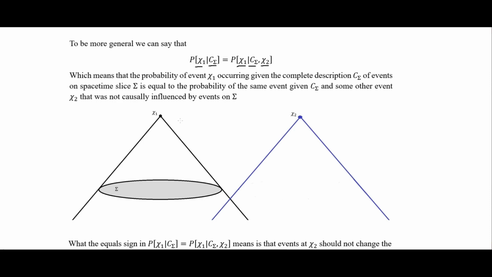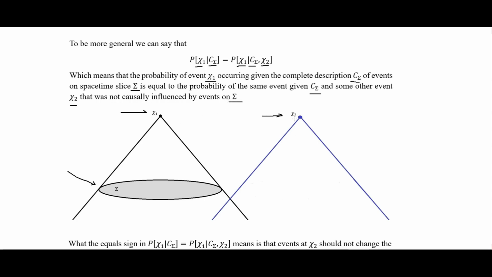And so we're looking at chi1 here and chi2 right here, where this is our sigma for chi1. So it means that the probability of the event chi1 occurring, given a complete description of events on the space-time slice sigma, is equal to the probability of the event given this complete description and some other event chi that was not causally influenced by this sigma.